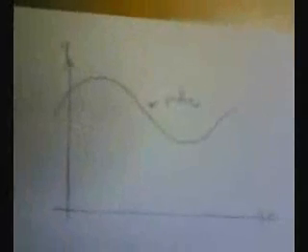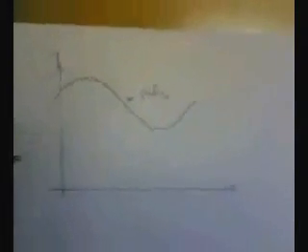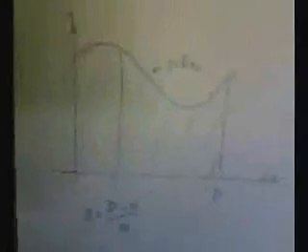This is the y-axis and this is the x-axis. So we are going to find the area under the curve y equals f(x), which should be like this, where this is the function y equals f(x). Next, divide the area into an even number of strips of equal width.